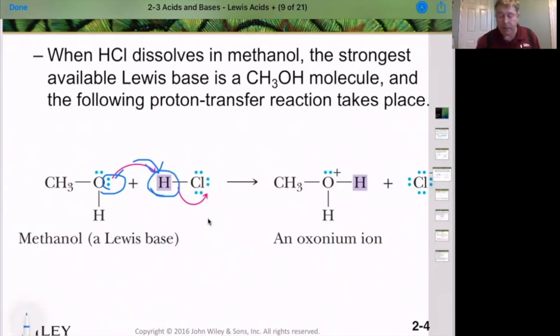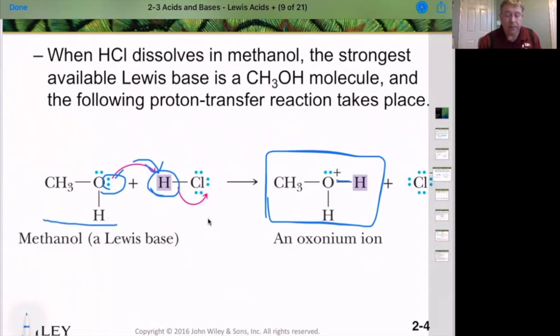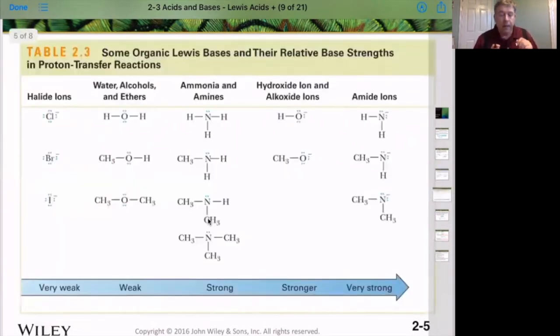Once we do that, we create a new covalent bond and a charged species, this oxonium ion. But we've completely eliminated water, so it cannot fall under Arrhenius. We have transferred a proton, so it still falls under Bronsted-Lowry. Here, methanol is our Lewis base because it has electrons to donate to making that new bond.